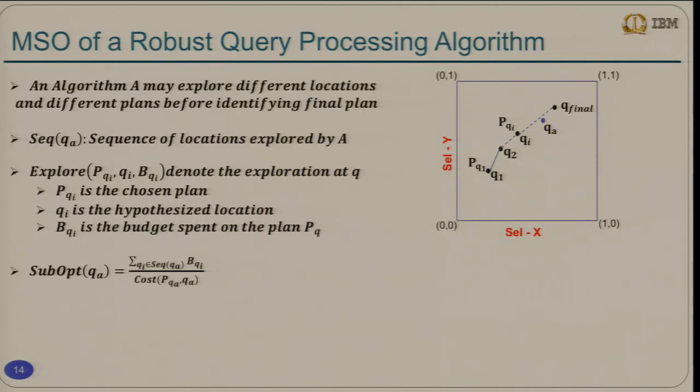So if you went from Q1 to Q final, and let us say that at each of these steps you picked some plan P of QI, which is the optimal plan at that particular estimated location, and you gave it a budget saying, run this plan with this much budget. Okay. If you finish, good. If you do not finish, I am going to terminate it and go for another location. Okay. So at each step you are incurring that much budget, so you are just adding up that budget.